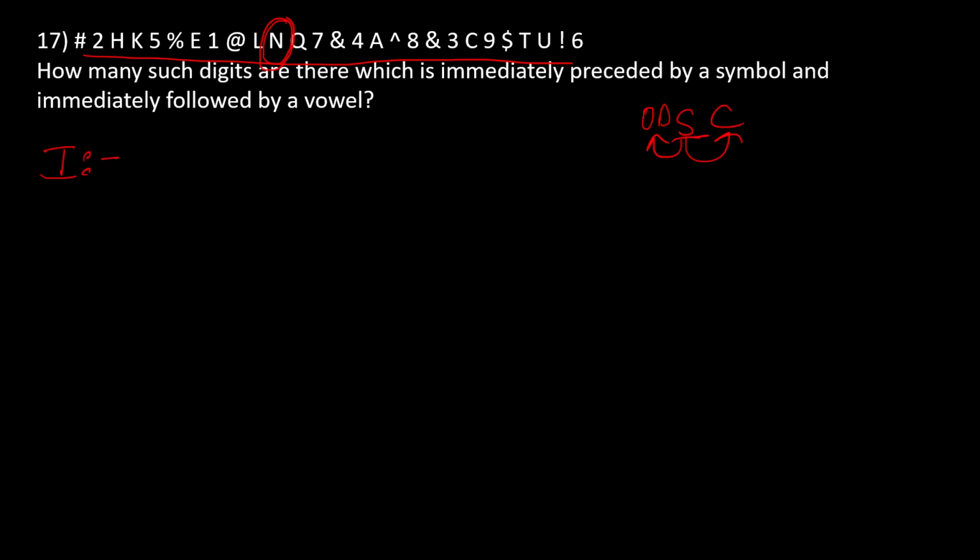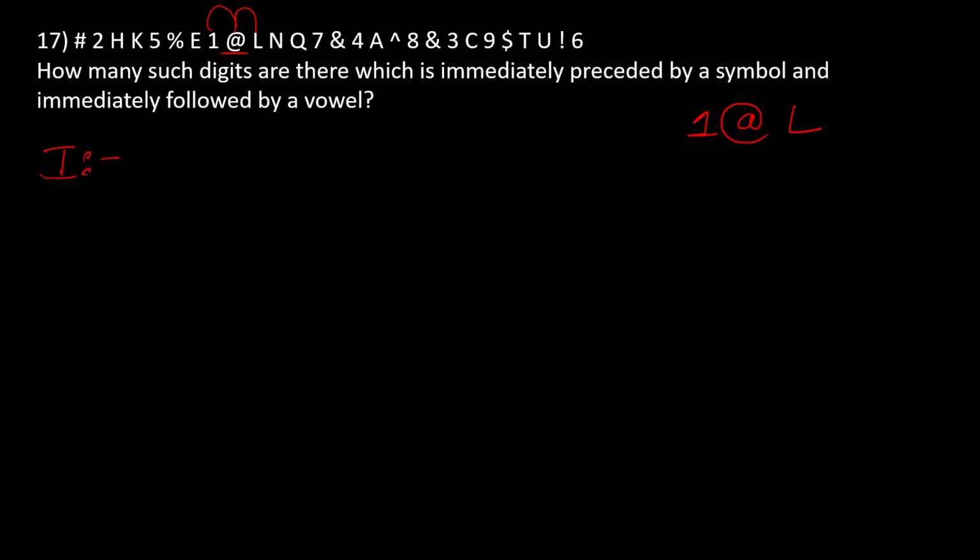First we will find out which symbols are preceded by an odd digit and immediately followed by a consonant. If you check, one is 1 @ L. Where else can you see like that?